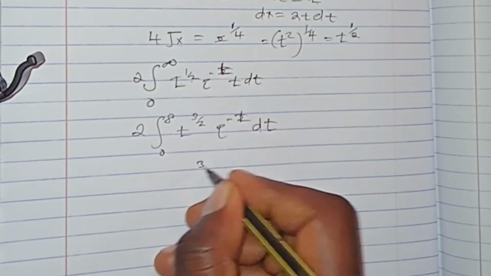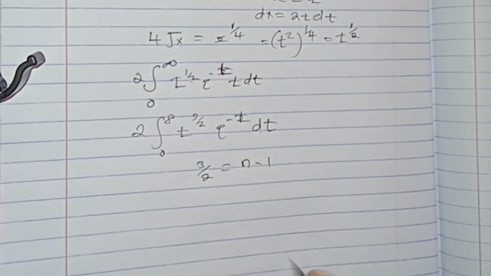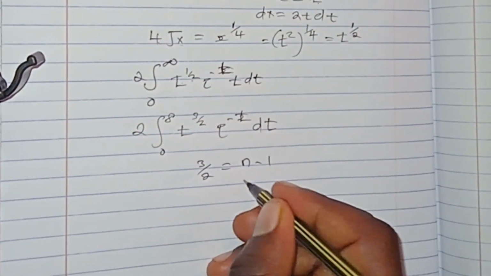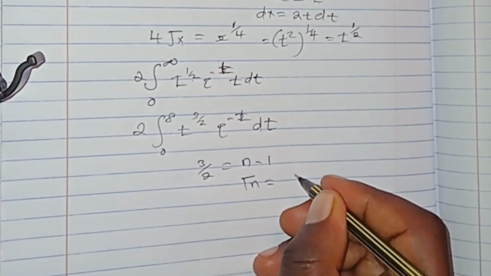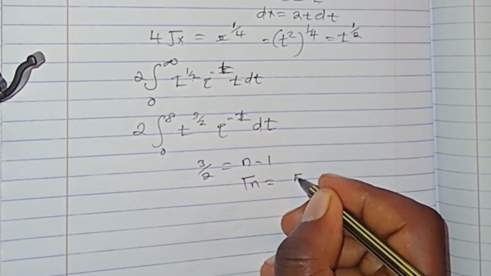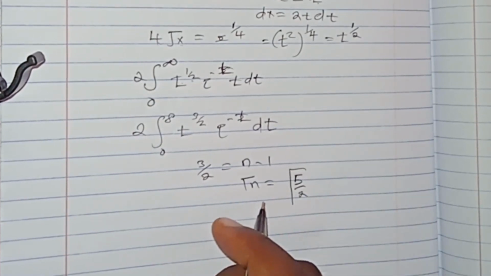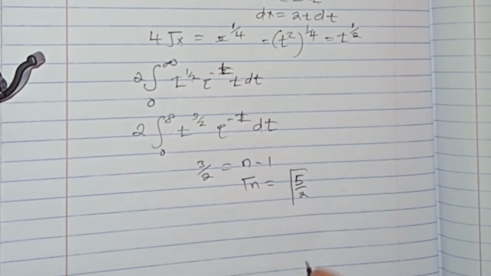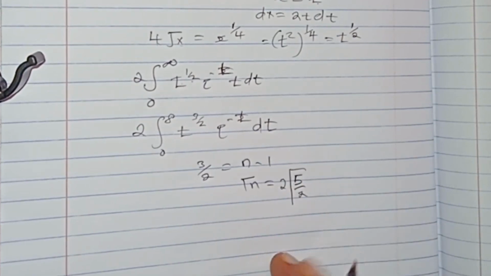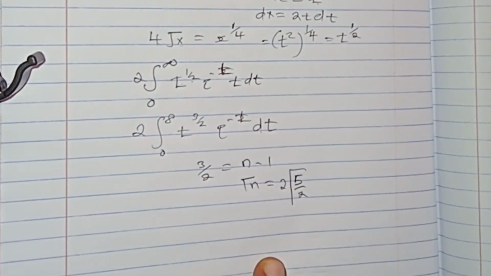compare 3 over 2 is equal to n minus 1. This implies that n is equal to 5 over 2, so gamma 5 over 2. So we multiply by 2. 2 gamma 5 over 2 is the required solution.